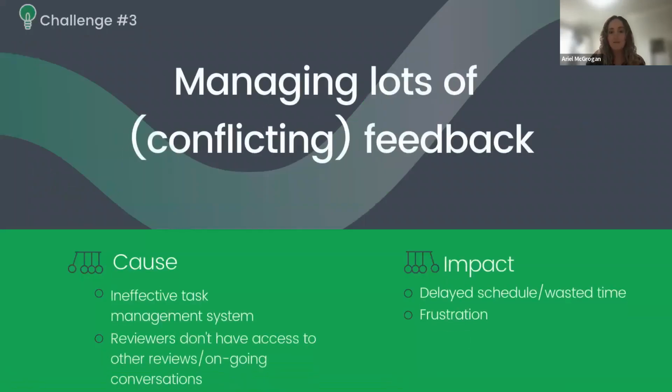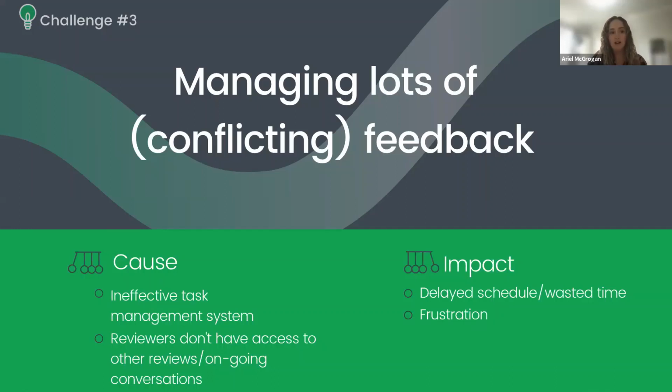All right, so this one comes after you finally received your feedback. And this one really deals with managing all of that feedback, especially conflicting feedback. And so there's kind of 2 causes here. The first cause is an ineffective task management system. Obviously, this will make it way more time consuming and way more overwhelming to deal with.